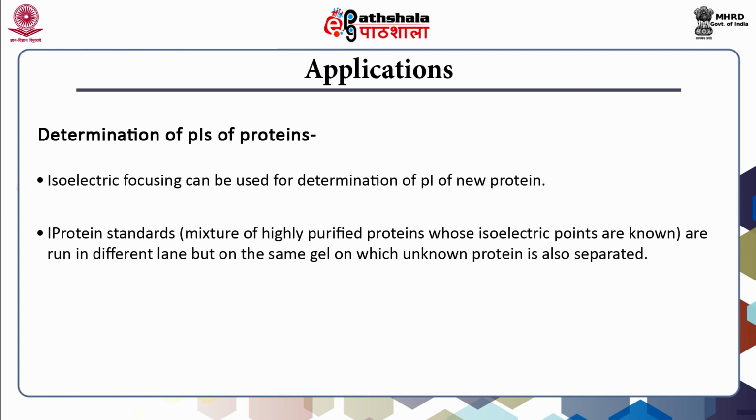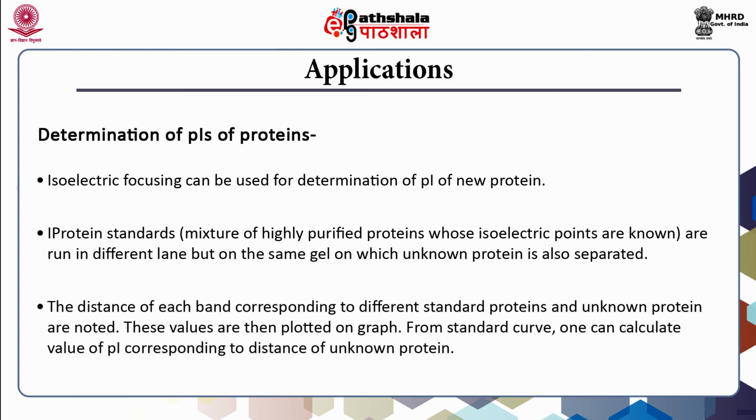The procedure requires running of protein standards, which are a mixture of highly purified proteins whose isoelectric points are known. These standards are run in a different lane but on the same gel on which the unknown protein sample is separated. After completion of the run, the gel is stained for protein.